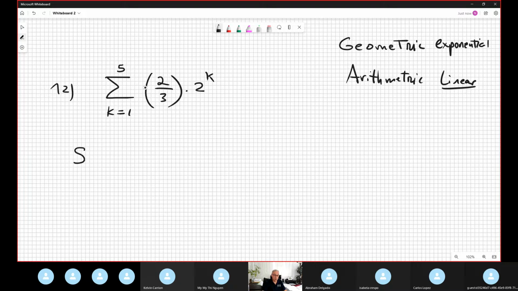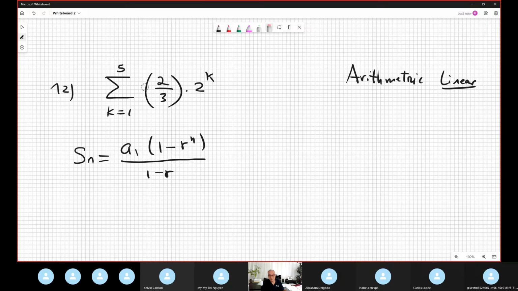The formula of the summation for a geometric sequence is a little bit complicated. It's A1, the first term, times (1 minus r to the n) divided by 1 minus r. But the challenge is to find who is A1 and who is r. Not always is it clear. Sometimes it's confusing.